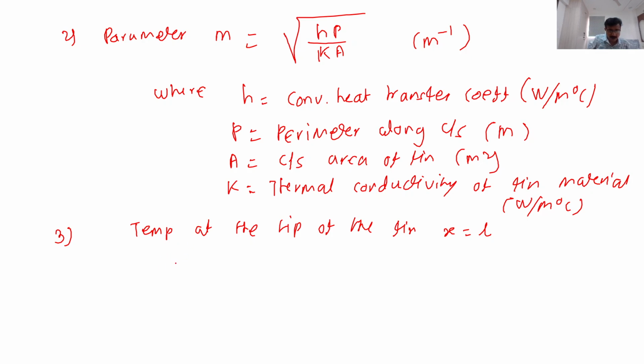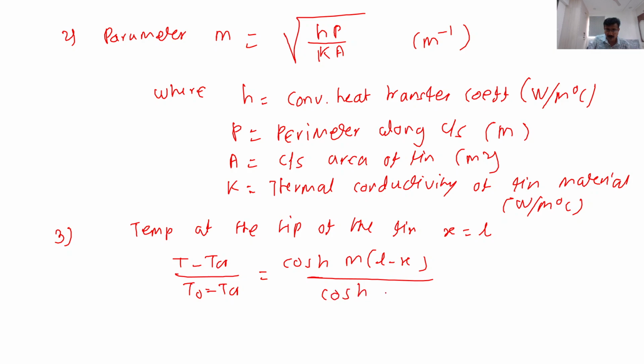Now put this in the equation of temperature distribution: (T minus T infinity) divided by (T0 minus T infinity) is equal to cosh(m(L minus x)) divided by cosh(mL). You need to write the brackets, because this h is hyperbolic, not the convective heat transfer coefficient. Now put x equal to L. L minus L becomes 0, m into 0 becomes 0, cosh 0 becomes 1, and it becomes cosh(mL).